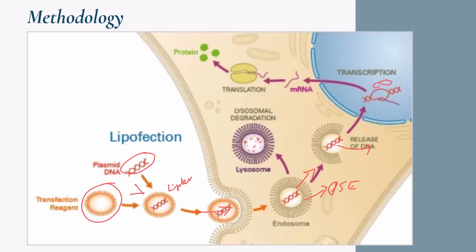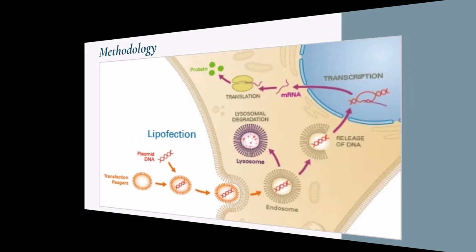That is one way. The second way is that some endosomes get identified by our lysosome, and lysosomal degradation can also occur. In the first way, our target is achieved when the endosome vesicle gets ruptured by the proton sponge effect and the genetic material is taken up into the nucleus, right? So this is the methodology of lipofection.